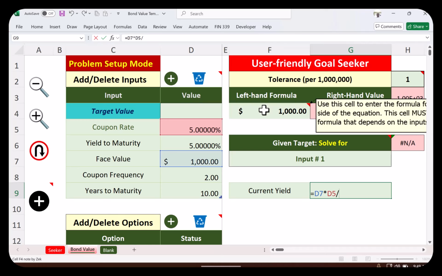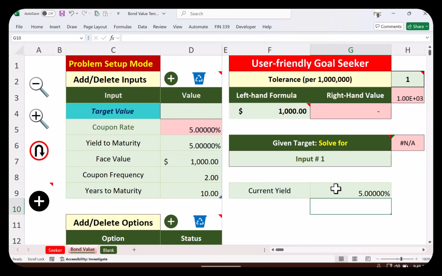Divide the whole thing by the bond value. Obviously, when a bond is a par bond, all three are equal to each other. So as you can see, current yield is above the yield to maturity, but below the coupon rate. Or if I'm discounting at 6, current yield is above the coupon rate, but below the yield to maturity.